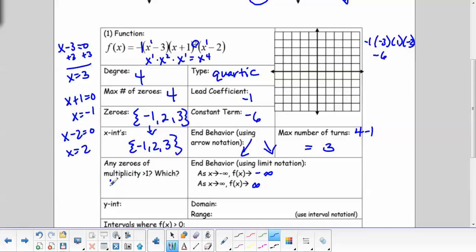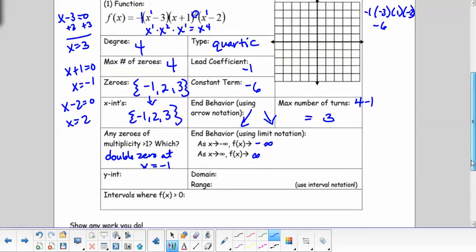So we have a double zero, or a double root, at x equals -1. Okay, y-intercept, that is the same as the constant term. You get that by putting 0 for all your x's. So y-intercept is -6, and you can write it as a point, 0, -6. We'll do domain and range after we do the graph, and we'll do this interval then as well.